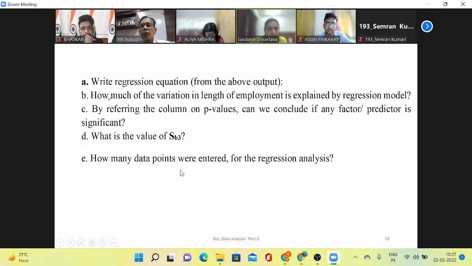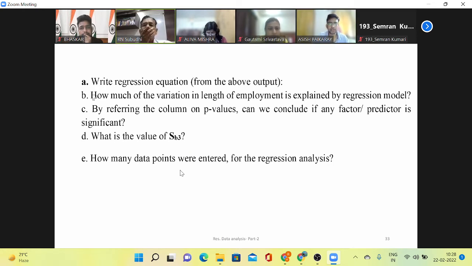C, by referring to the column on p values, can we conclude if the predictor factor is significant? What is the answer to the B bit? R square. Value of R square. Sir, in C, except age, the others are not significant. Yes, sir. C is the answer. Only age is significant.